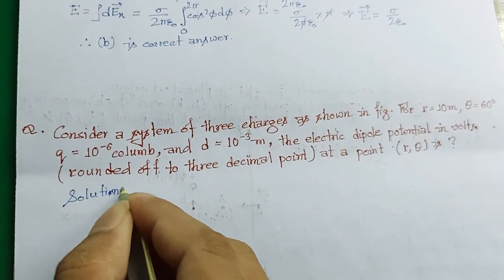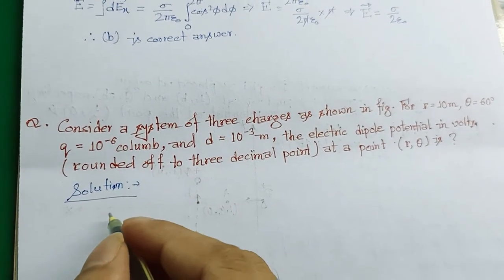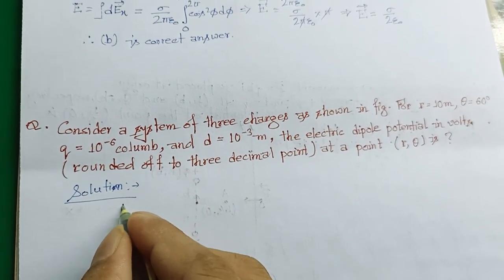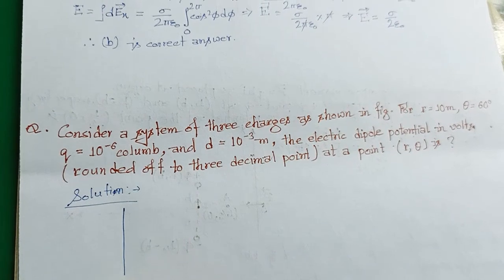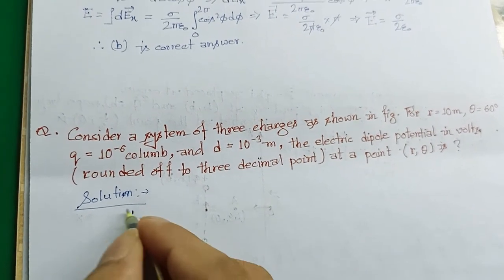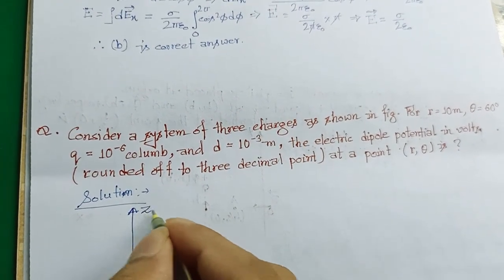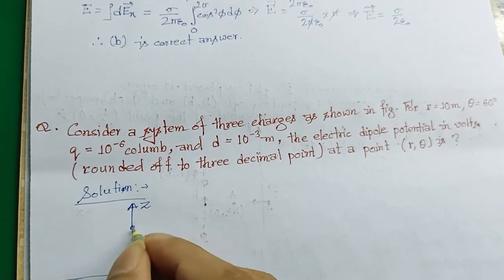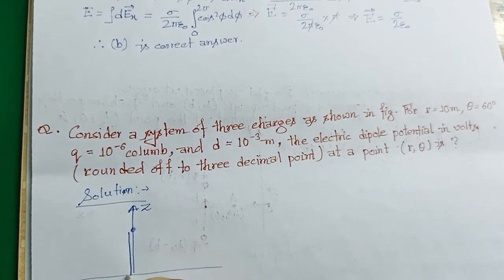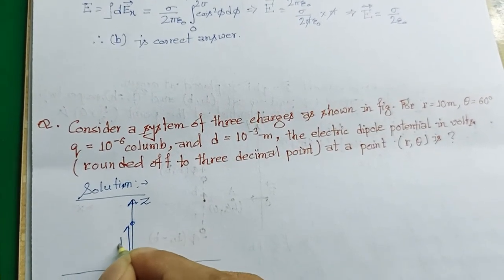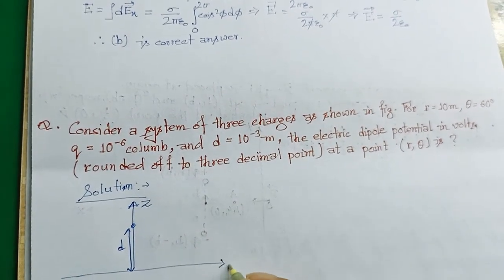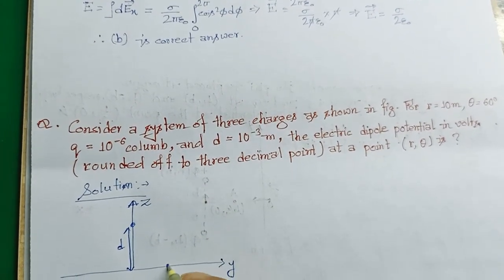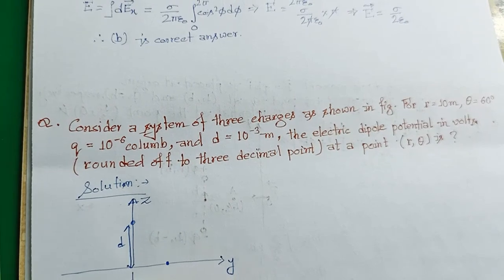we'll draw the diagram of this given question. In the diagram, there is the z axis and there is the y axis. On the z axis there is a point whose distance is d, and on the y axis there is a point whose distance is again d.